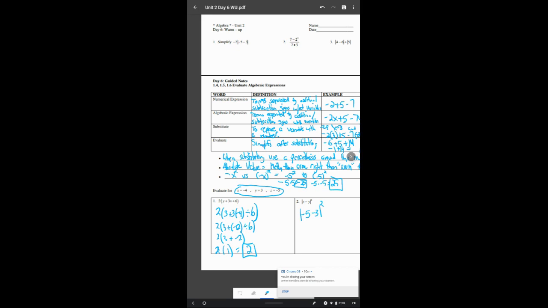So -5 minus 3 is -8. The absolute value is asking for the distance that number is away from 0, and distance is always positive. So that becomes +8. And +8 times +8, now that we got rid of the absolute value bars, would become 64. So that's our answer for number 2.